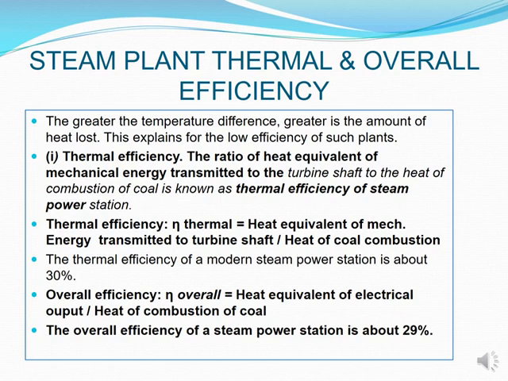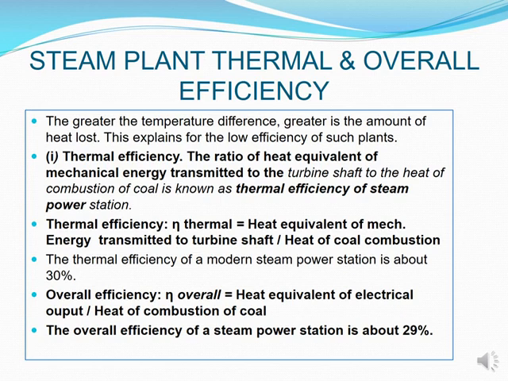And the overall efficiency is equal to the heat equivalent of the electrical output divided by the heat of the combustion of the coal. So remember, there are two efficiencies here. There is the thermal efficiency, which is the heat equivalent of the mechanical energy transmitted to the turbine shaft divided by the heat of the coal combustion.